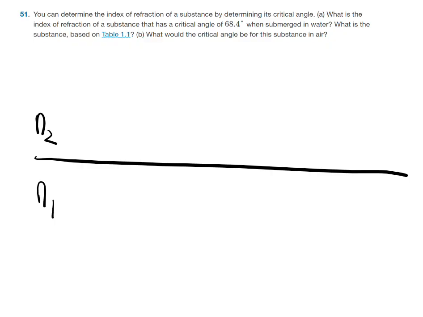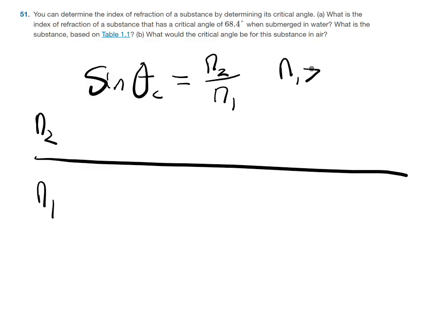We have a formula that says the sine of the critical angle is equal to the division of this top index over this bottom index, n2 over n1, specifically for when n1, index 1, is greater than index 2, okay?